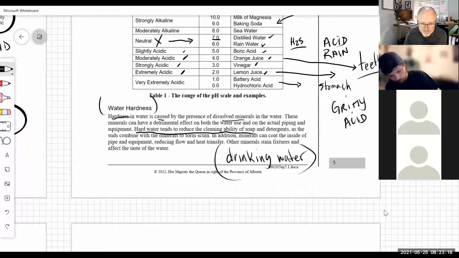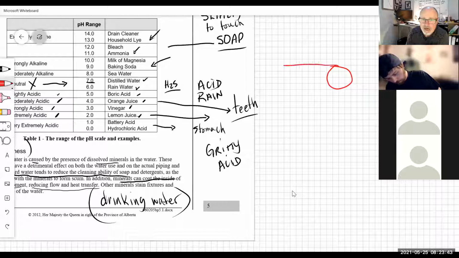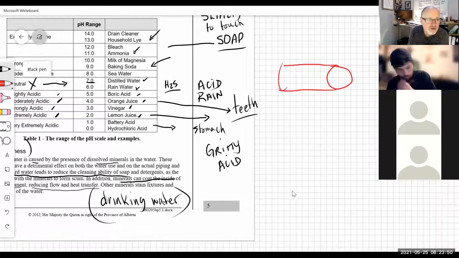Okay, so right here, I don't want to overlook this. Right here in this last sentence, it says the minerals can coat the inside of pipe and equipment, reducing flow and heat transfer. So what happens in a small boiler, for example, a small flow-through boiler has these little heat exchangers, and we get the water flowing through.